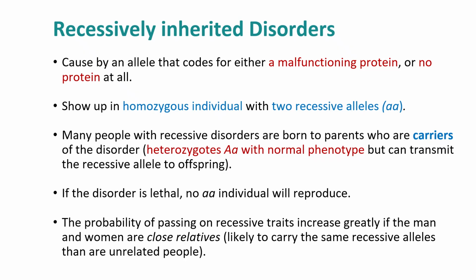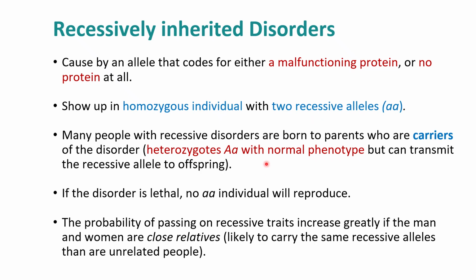For recessively inherited disorders, they are usually caused by an allele that codes for either a malfunctioning protein or no protein at all. This type of disorder only shows up in homozygous recessive individuals, and many of them are born to parents who are what we call carriers of the disorder.